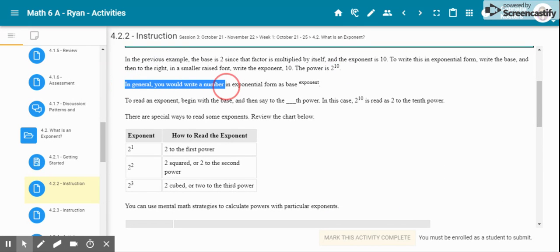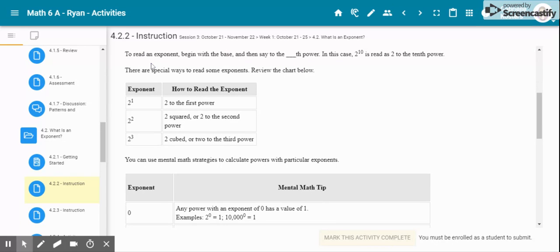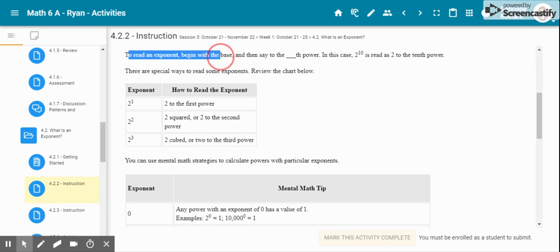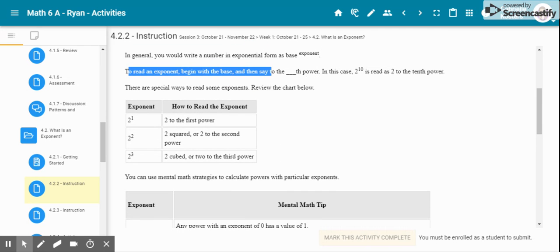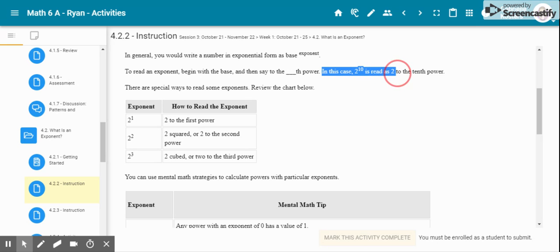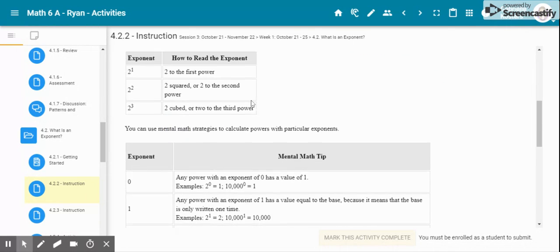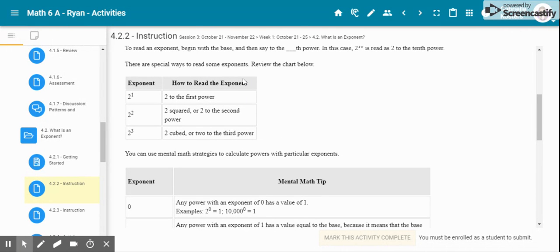In general, you would write a number in exponential form as the base and then the exponent. So like I showed a minute ago, to read an exponent, begin with the base and then say to the blank power. So like up above, 2, written with that 10 as an exponent, is read as 2 to the 10th power. Okay, and then there are some special ways to read some exponents.